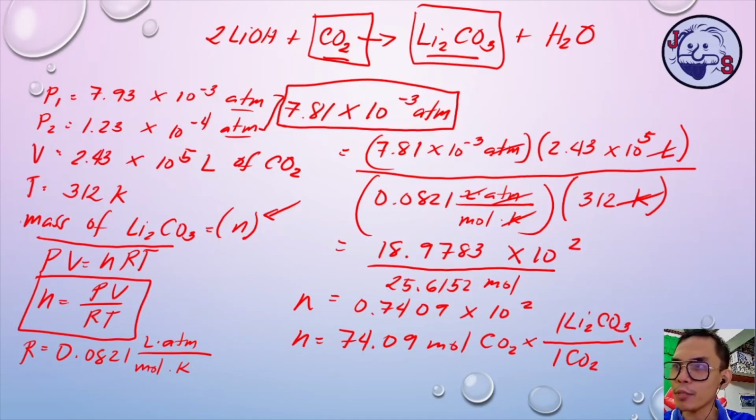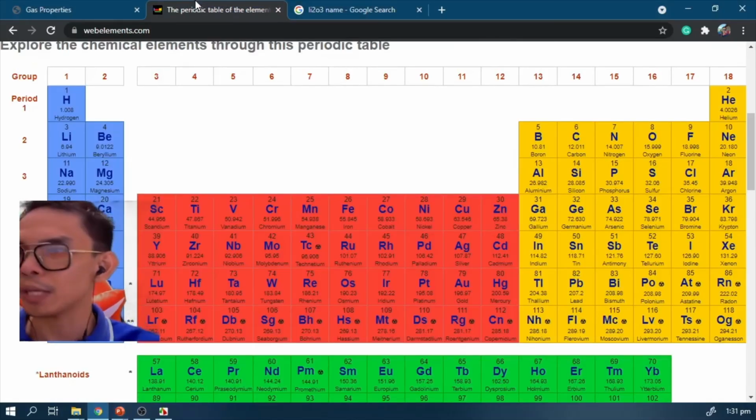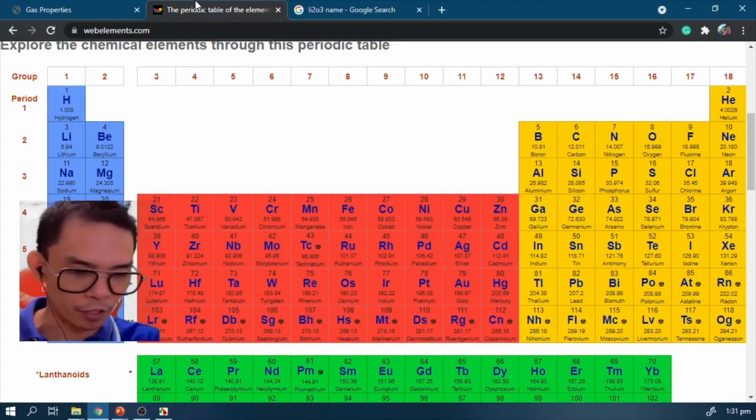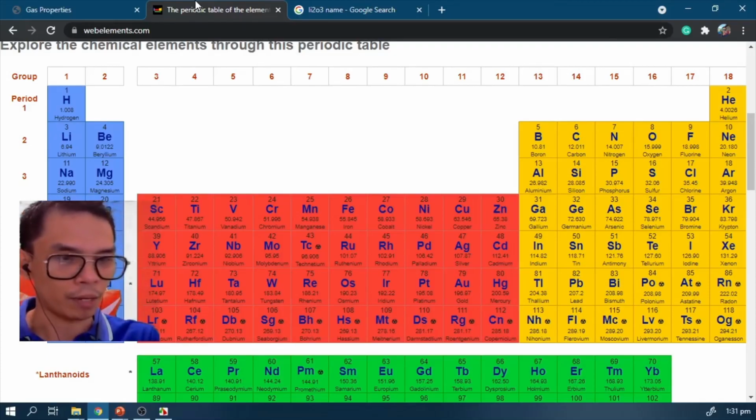Times, let's go for the mass of the lithium carbonate. 1 mole of lithium carbonate is equivalent to, let's take a look at the periodic table: lithium is 6.94 times 2 plus carbon 12.01 plus oxygen 15.99 times 3.